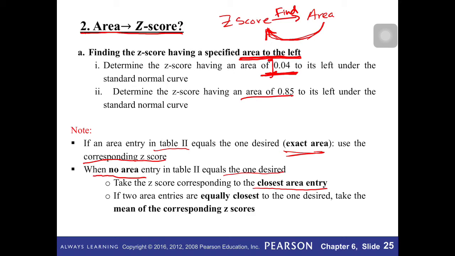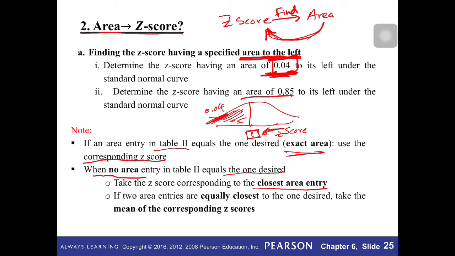So this is the vice versa process. They have given a probability, or area, like this. This is my area, which is 0.04. You need to figure out this value, the Z score value. That's the goal here.